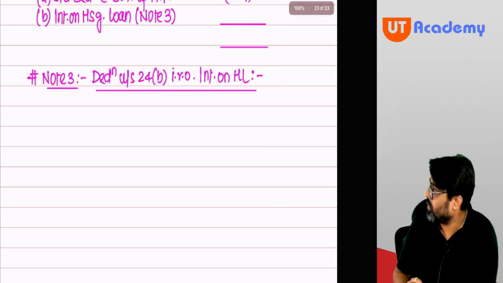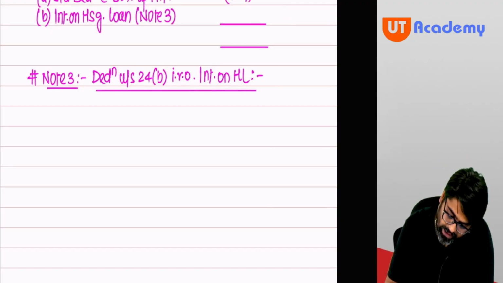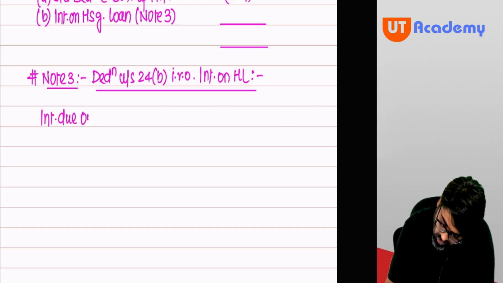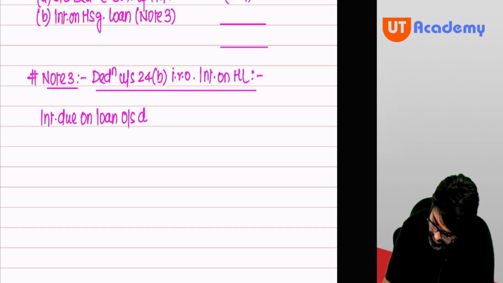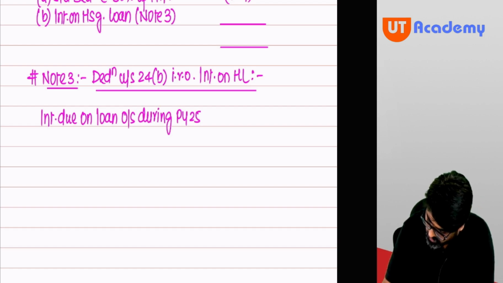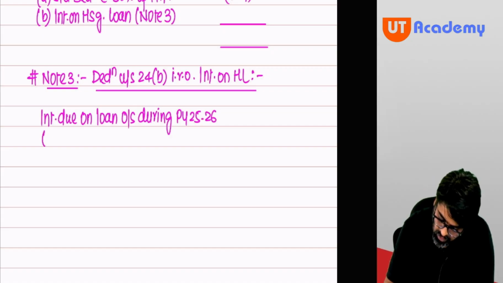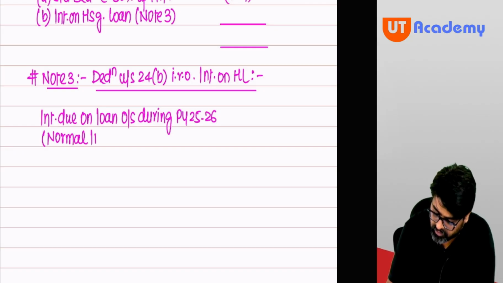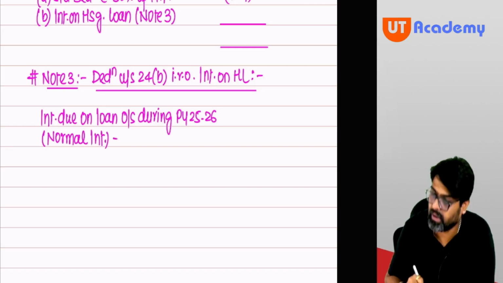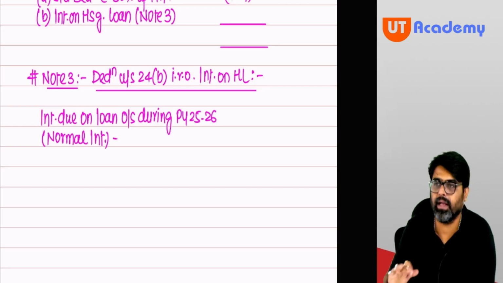So first, what will I take? I will take interest due on loan outstanding during previous year 25-26. We call it normal interest. What is the interest which becomes due in this year? Yes or no? Normal interest, are you going to calculate, or have they given?